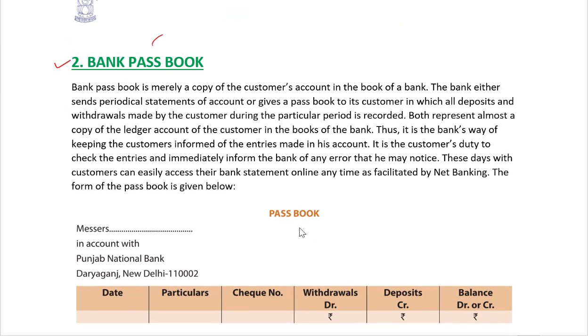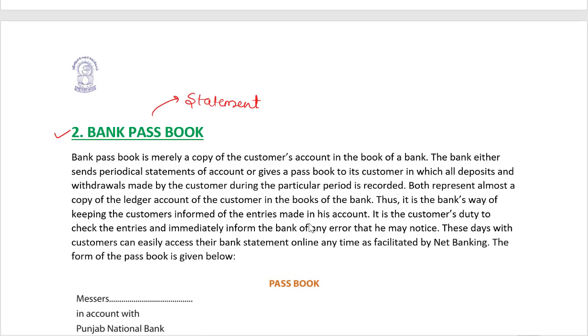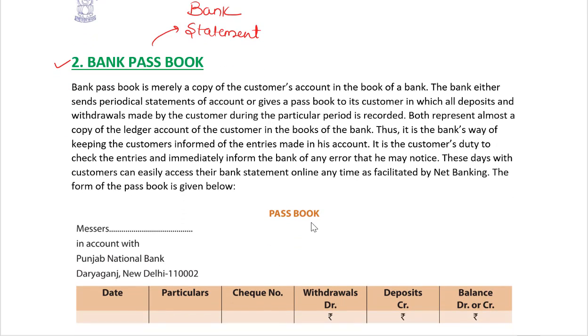Bank passbook, which is also known as bank statement. Bank passbook is merely a copy of the customer's account in the books of the bank. The bank either sends periodical monthly statements of account or gives a passbook to the customer in which all deposits and withdrawals made by the customer during a particular period of time are recorded.